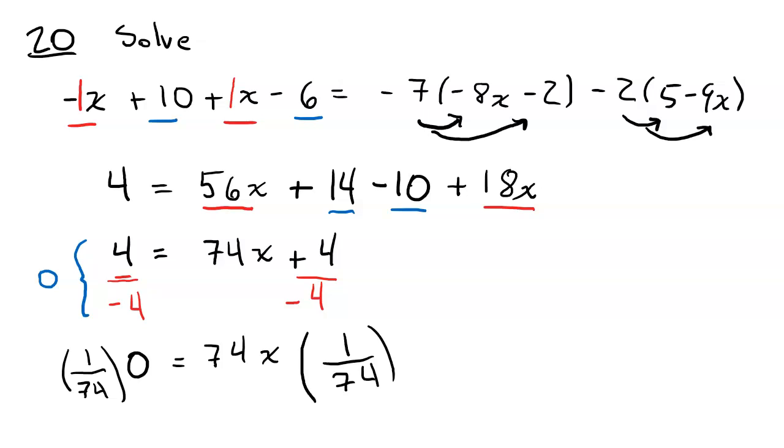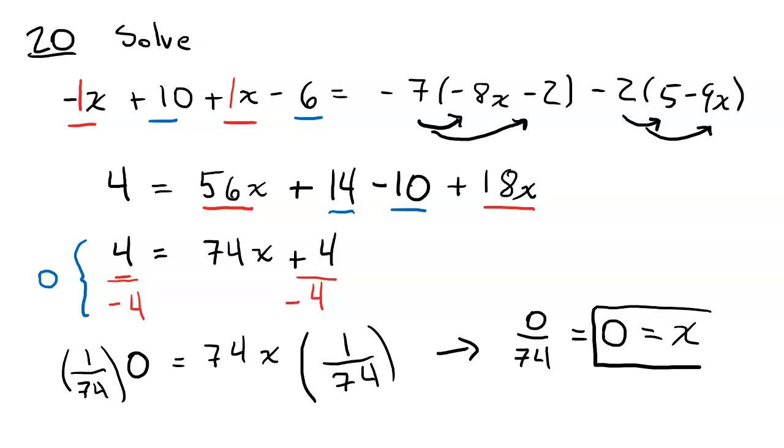What's 0 divided by 3? The answer is it's always going to be 0. So 0 divided by 74 is equal to 0, and that, in fact, is going to be our solution for x. So it's totally fine if you ever get something like this and you're left with x is equal to 0.